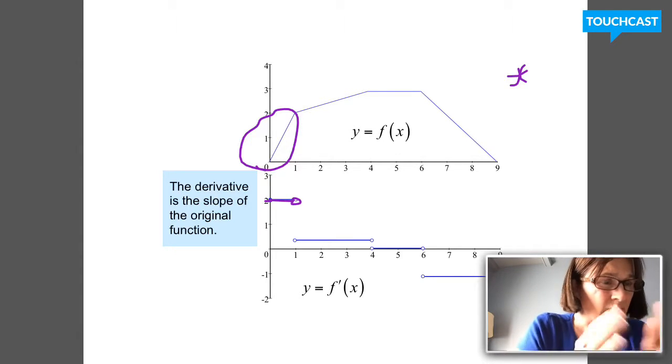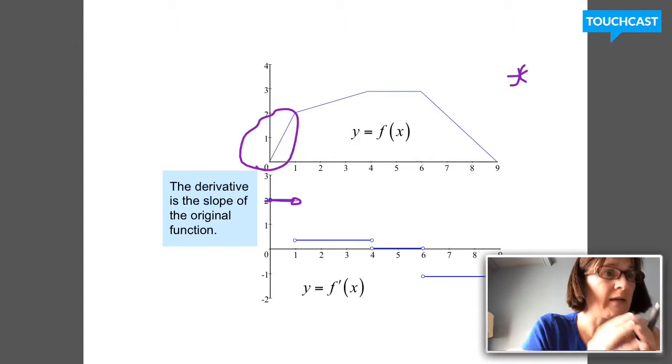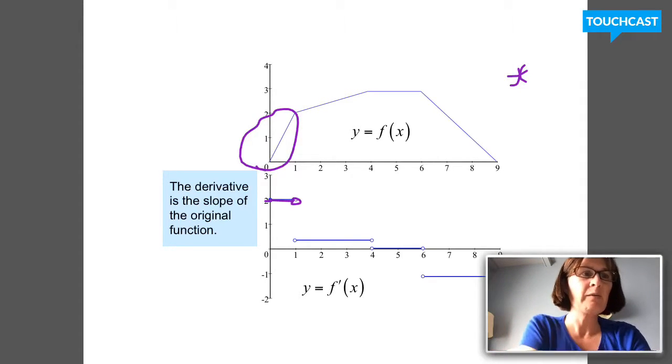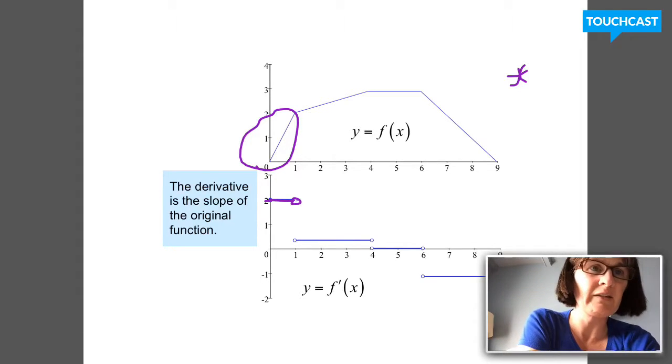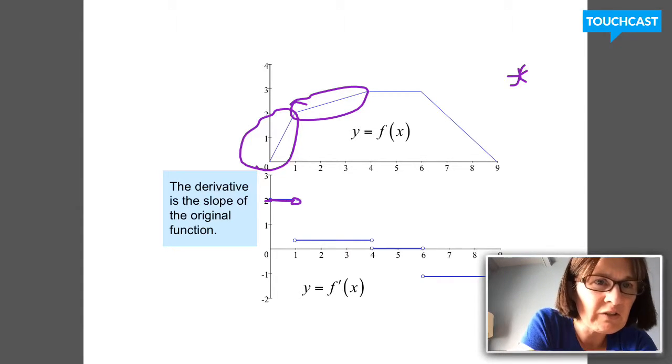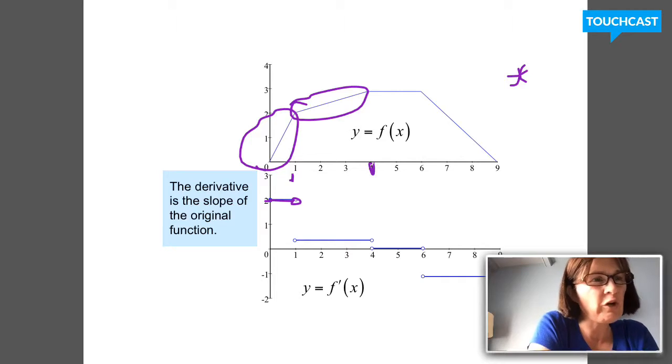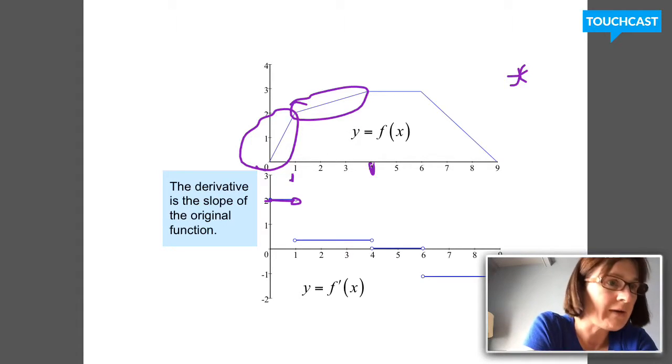And then, once I get to x equals 1, my original function changes. It's still linear, but it's different linear. It's linear with a different behavior. So the second piece in this piecewise function seems to last from about x equals 1 to x equals 4. And what's the slope of that line segment? Well, I'm going to do change in y over change in x, or rise over run.